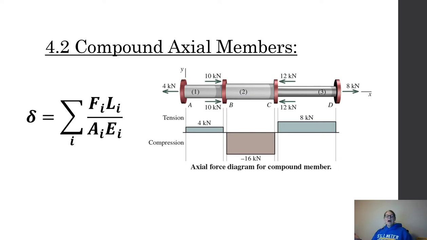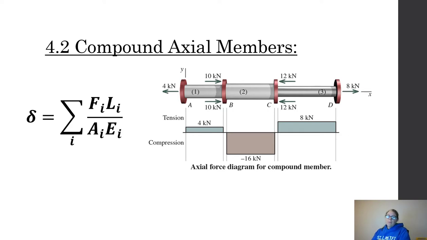Now, if we have a compound system where we have several different axial pieces making up a system, then we can look at summing. We can look at summing PL over AE, or you may see F for force, or you may see N for normal force. It's just that axial load, L over AE.